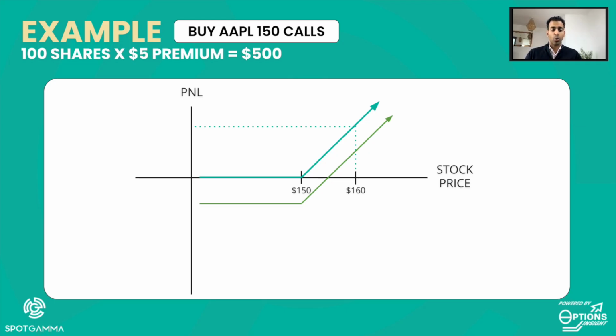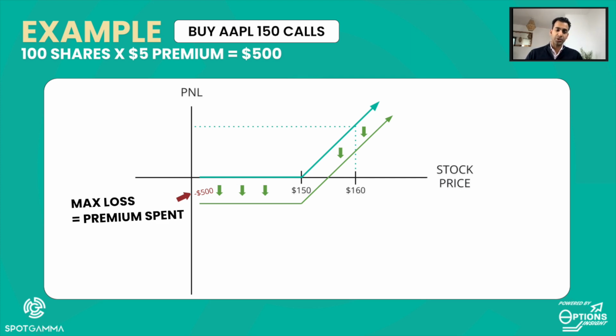So you can see that whilst the payoff, or what we call the hockey stick, has 0 payoff below the strike and makes money 1-for-1 with the stock price appreciation above the strike, once we factor in the premium and shift that hockey stick down, we will actually be losing money if the stock ends up below 150. Anywhere below 150 in the stock, we will lose our premium, which is $5 per share or $500 in total.